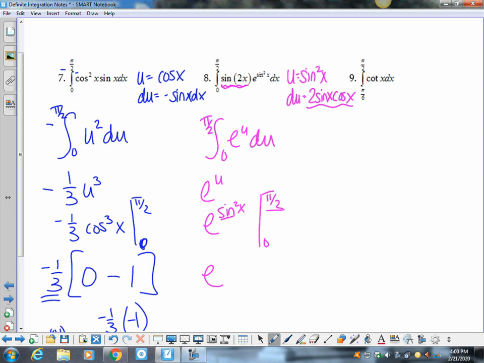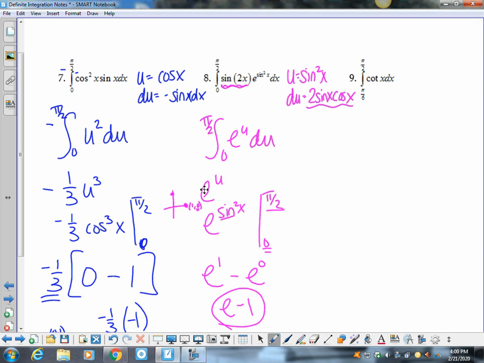Well, sine of pi over 2 is the y value. That's a 1. 1 squared is 1. And then e to the sine squared of 0, well, sine of 0 is 0. 0 squared is 0, so that's e to the 0. So that would be e minus 1. Not as bad as it looked.